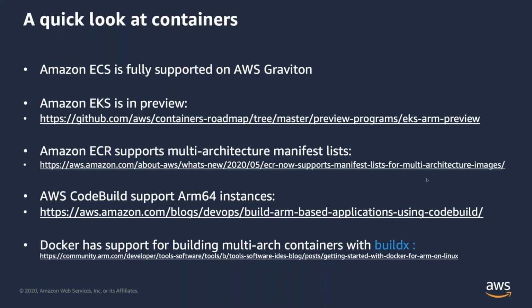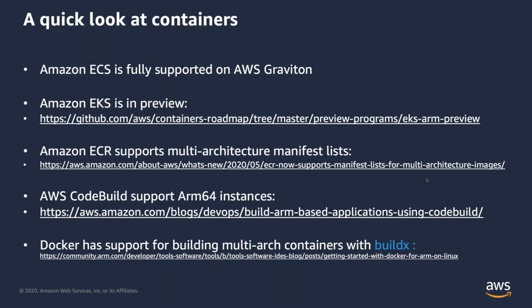Our Amazon ECR service, our container registry, does now support multi-architecture containers. So you can upload multi-architecture containers to an ECR registry and then consume it from either x86 instances or ARM-based instances.